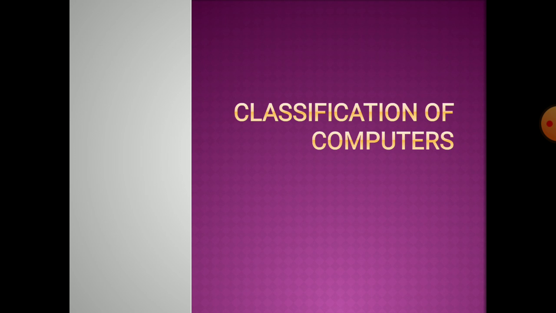If you see that table, it is easy for you to know the main points you have to remember for each generation: the year when it starts, the technology used, and the main features of each generation of the computer.